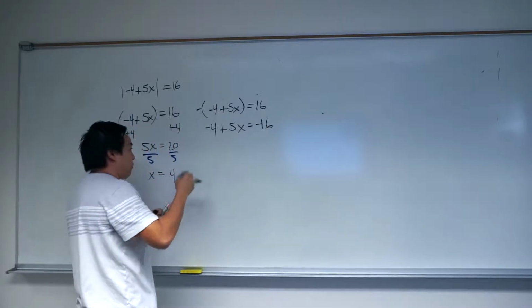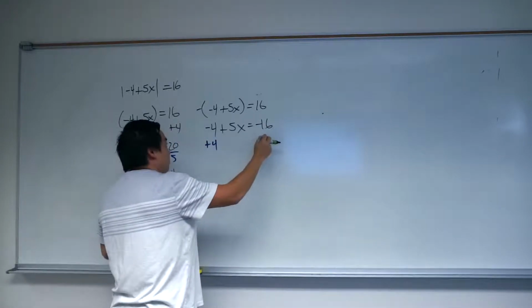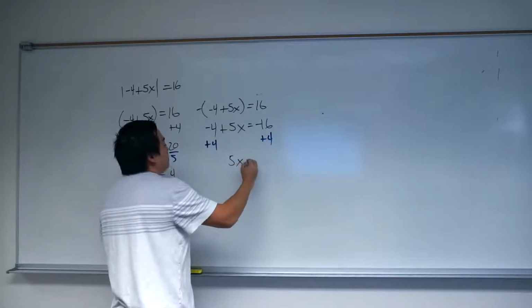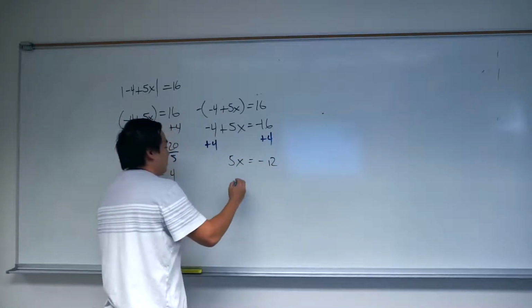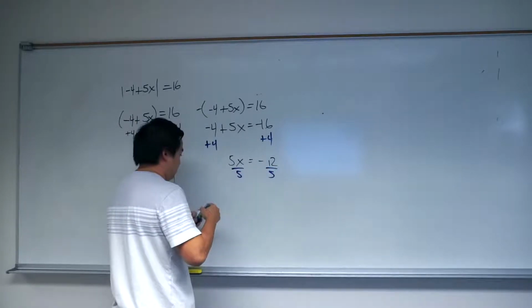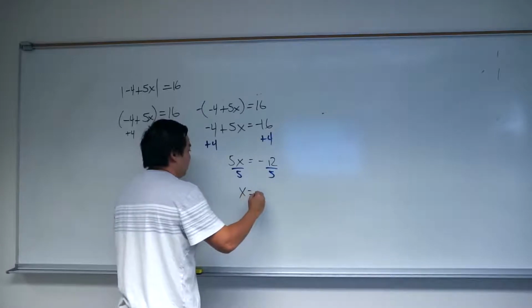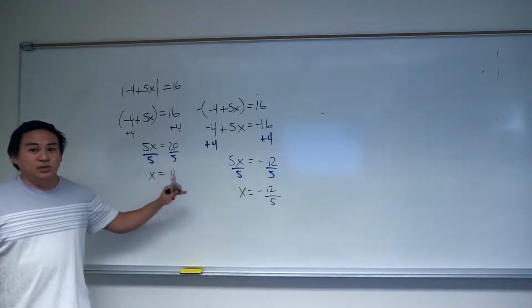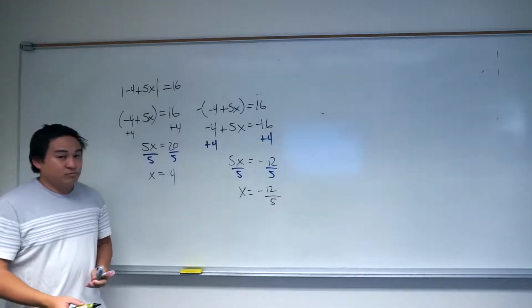And then add 4 to both sides again. So 5x is equal to negative 12. And then divide both sides by 5. So x here is negative 12 over 5. Okay. So those two are going to be our solutions.